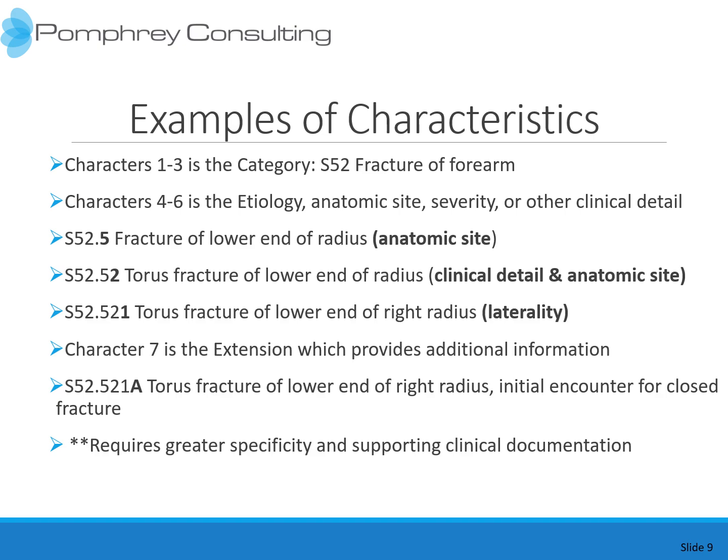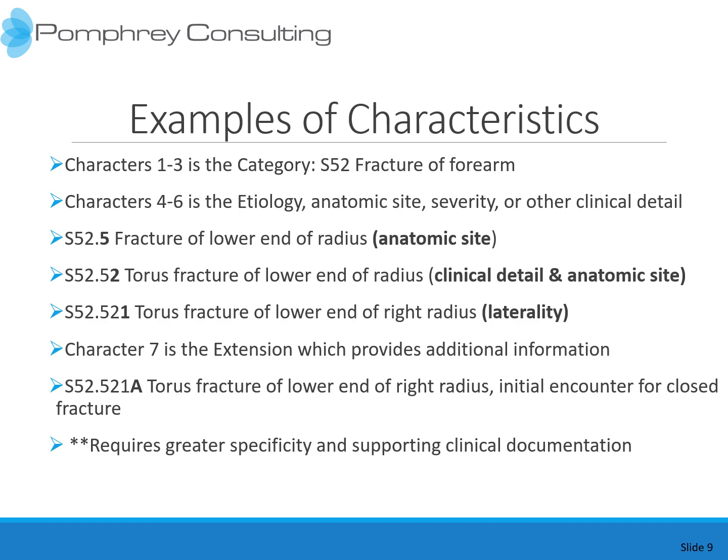And the category is going to identify the area of the body, the type of disease or injury or whatever has happened, and then potentially where that could be located. So for example, S52, the category, means fracture of the forearm.